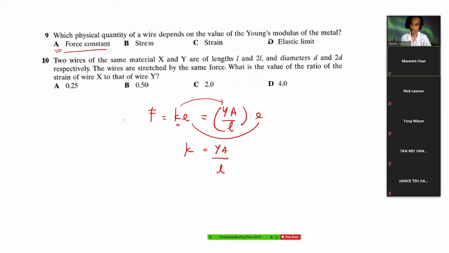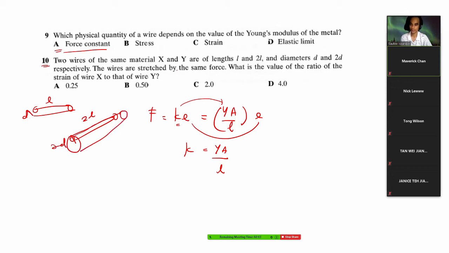Okay, number 10. Two wires of the same material, X and Y, with lengths L and 2L, and diameters D and 2D. So we have two wires, L and 2L, longer. One has a small diameter D, and the other is bigger. It's longer and bigger, 2D.